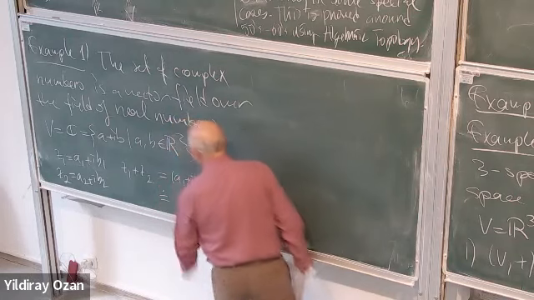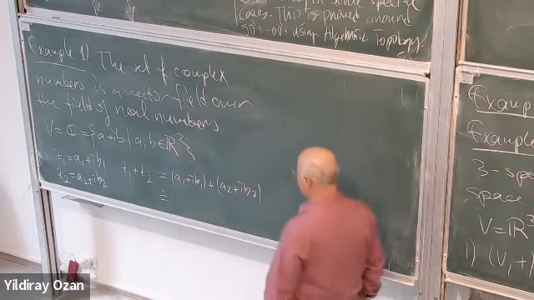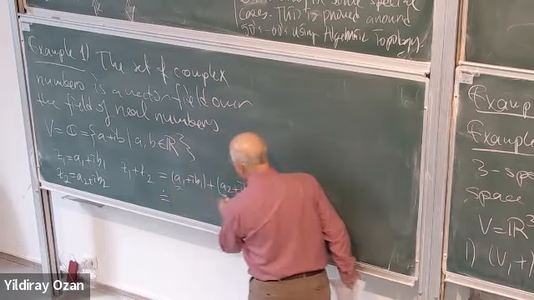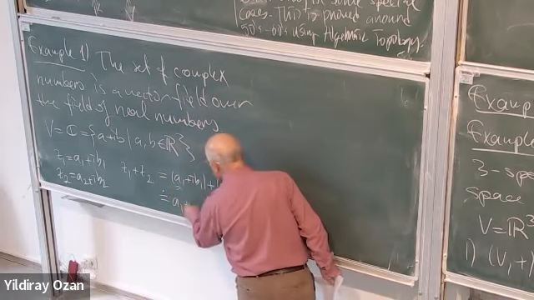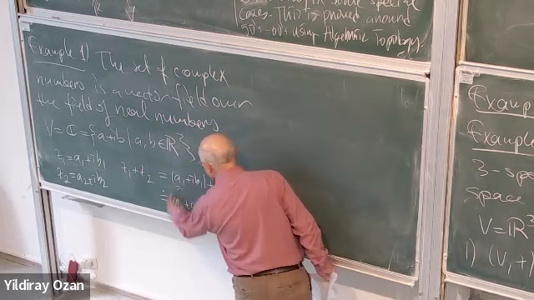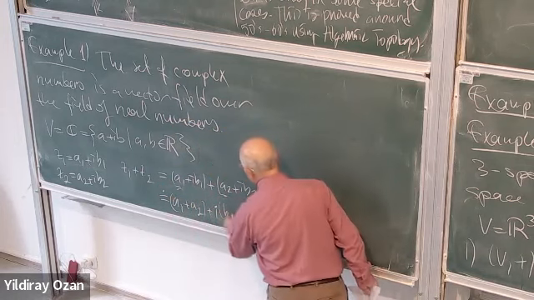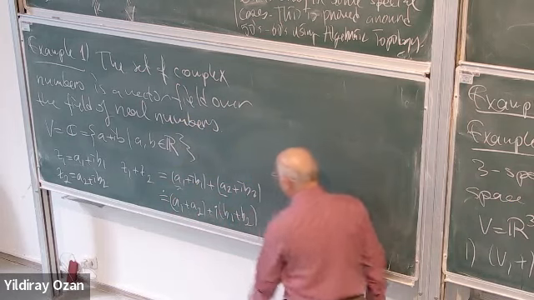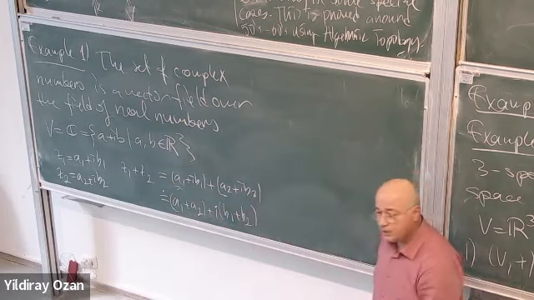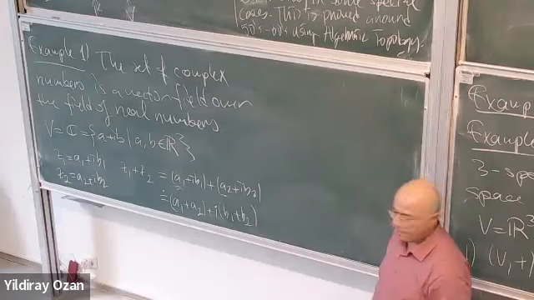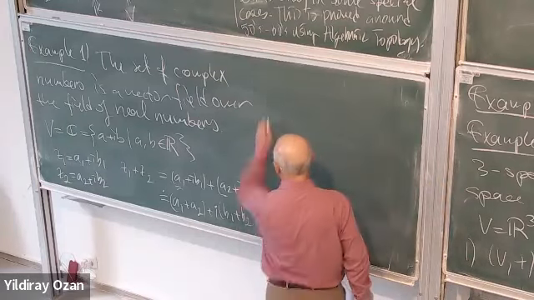My definition of addition of complex numbers is the following. I add real parts, so a1 plus a2, and then i times the imaginary parts, b1 plus b2. This is my definition of addition of complex numbers. All right, so this is the addition.